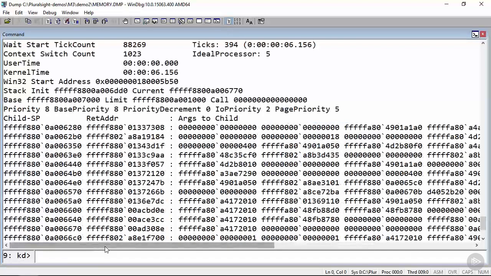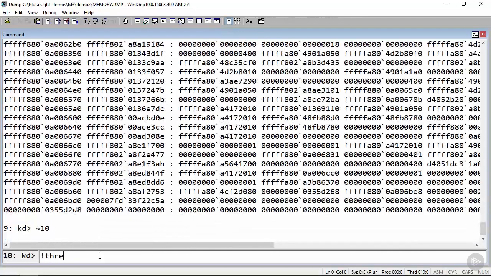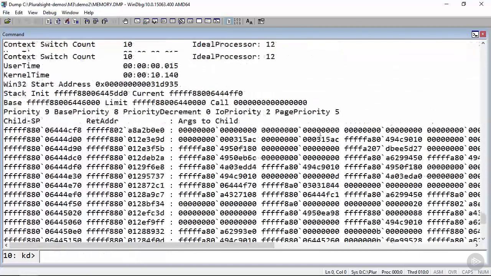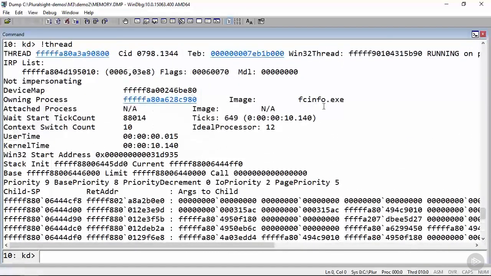Now let's go ahead and see what was running on CPU 10 at the time by just doing a ~10 and then doing a !thread. And we'll scroll back up a little bit. And this thread happened to be executing a program called FCinfo, which is by Microsoft. It essentially gives you information about your fiber channel cards.